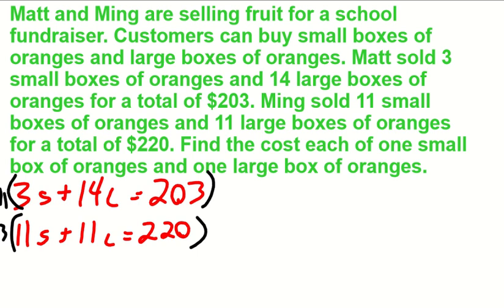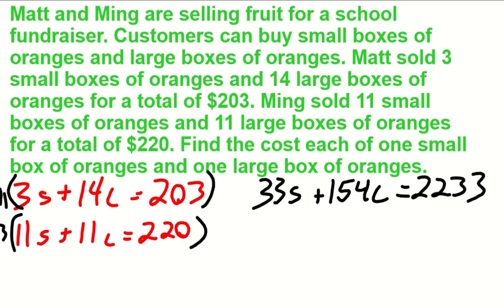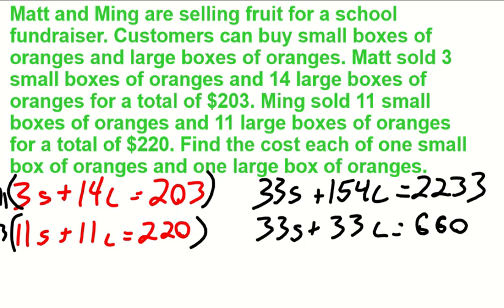Multiplying the first one by 11 gives me 33 small boxes plus 154 large, and it's going to equal 2,233. Just each part by 11. For the second equation, 33 small, 33 large, and that is 660.